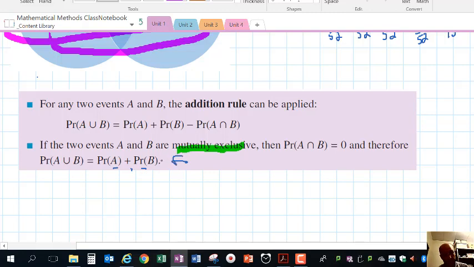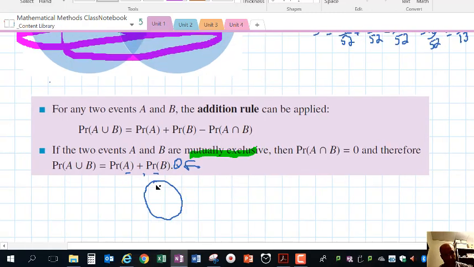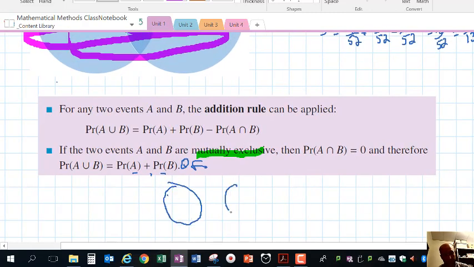You could write the same formula down, but that last bit would be 0 anyway, because it doesn't exist. Mutually exclusive means disjoint, remember, so there is no overlap. So it's not like an extra rule, it's just a special case where there are 0 elements in the intersection, because you can see they're disjoint.